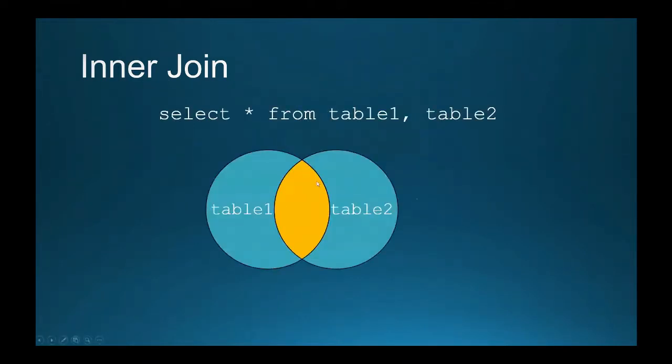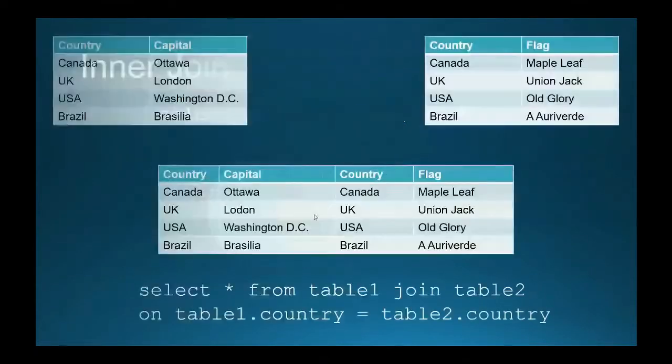This will be the intersection of two tables, and it will give us the information from one table that matches another table on a given column. So here's select star from table 1, the same tables as before, join table 2 on table1.country equals table2.country.